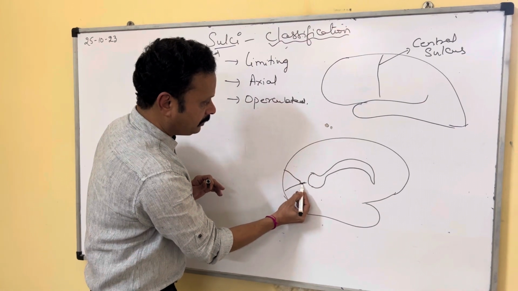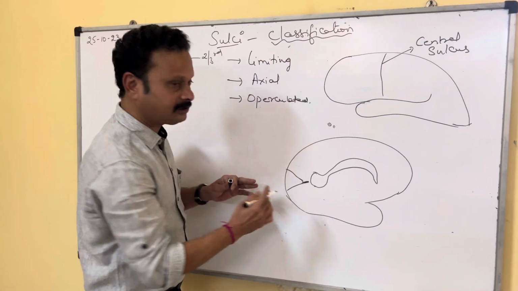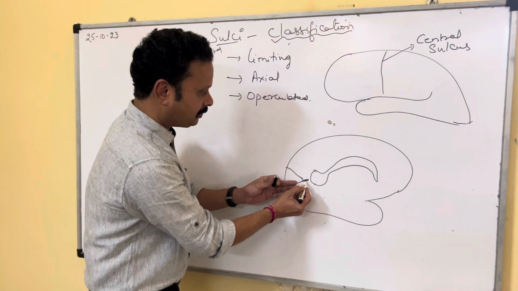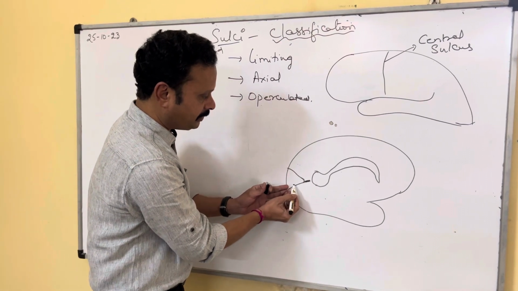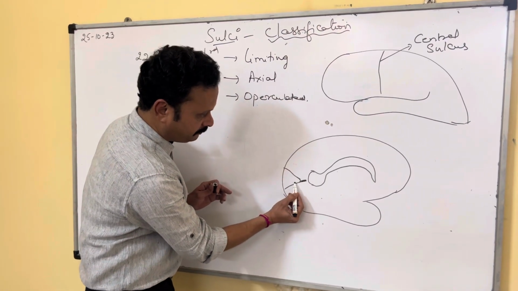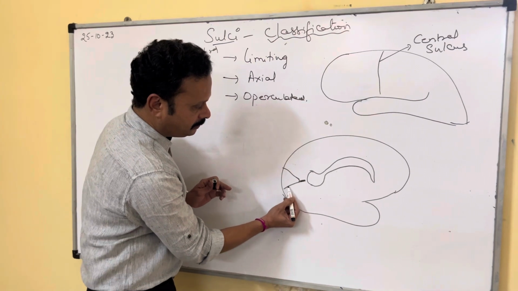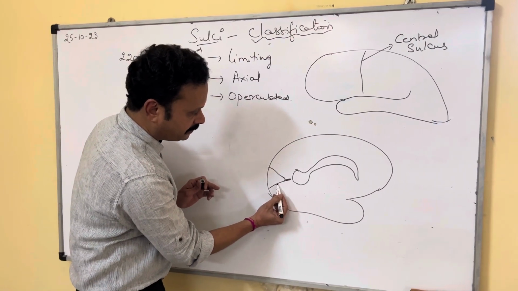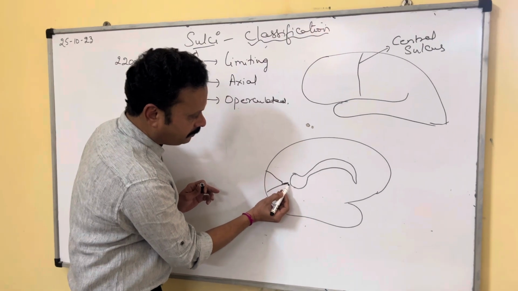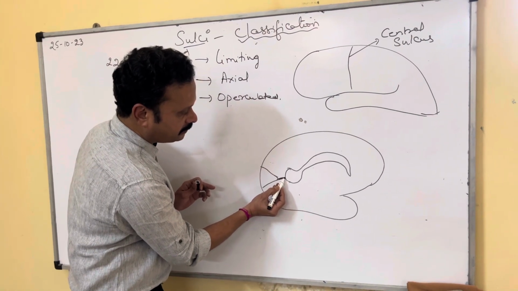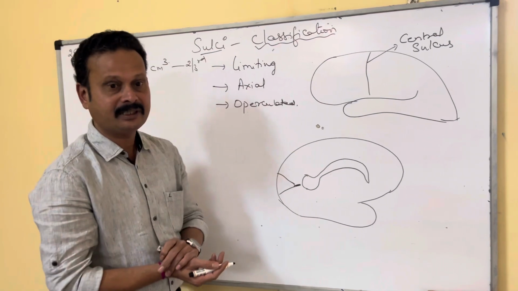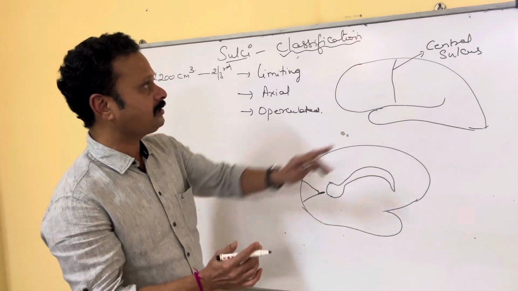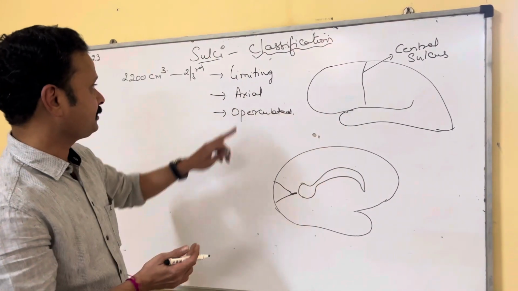It separates the sensory area, that is the visual cortex present in the posterior part of the calcarine sulcus, from the motor area, which is in this gyrus called the lingual gyrus. But the classical example is the central sulcus.